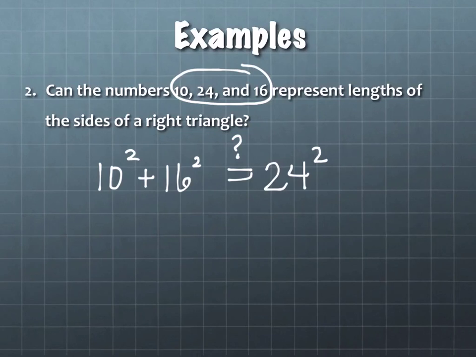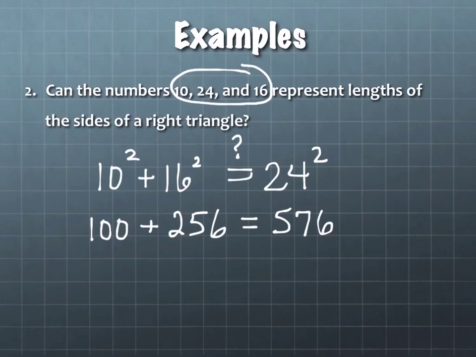All right, I know you guys know what 10 squared is, so somebody tell me that one. 100. Does anybody know 16 squared? 256. If I had a piece of candy, I'd give it to you if you know 24 squared. Oh, I bet you looked in your calculator. 576. What is 100 plus 256? 356.